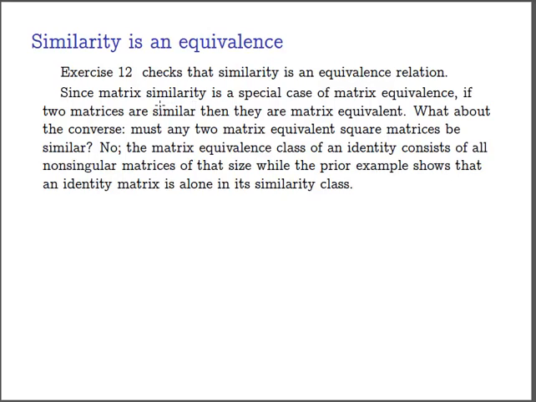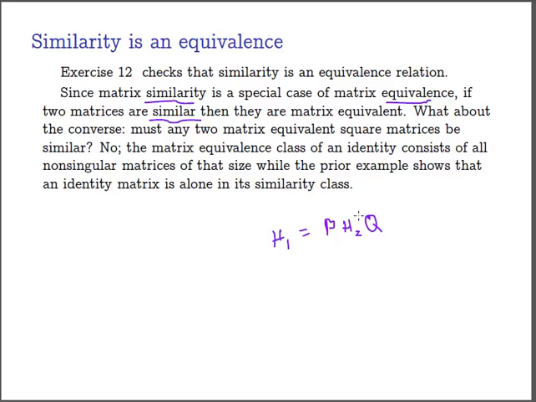Okay. Now, this is what he's saying. The matrix similarity is a special case of matrix equivalence. All right, so if two matrices are similar, then they are matrix equivalent. So matrix equivalent means exactly what I just said, that H1 is equivalent to H2 if H1 is equal to PH2Q, where P and Q are invertible matrices.